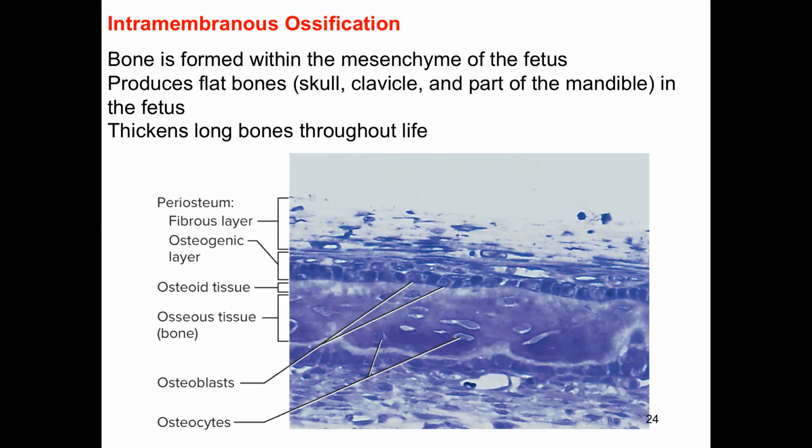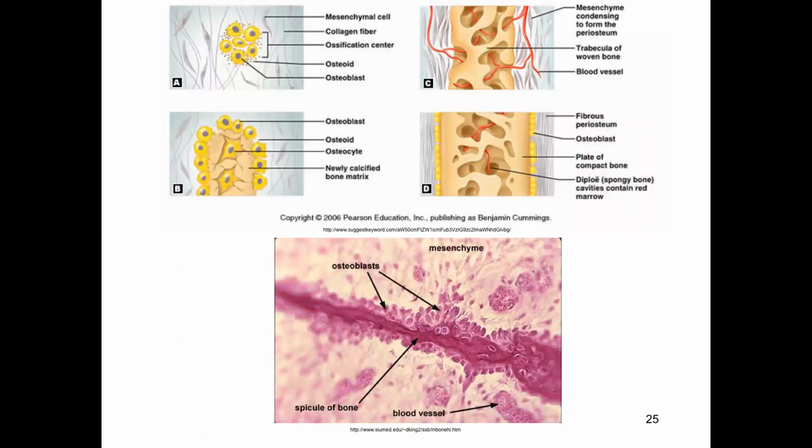The bones that are formed in that way in the fetus are the flat bones, so the skull, clavicle, and part of the mandible. That's where you're going to have that intramembranous ossification taking place. Here you can sort of see these steps. This mesenchymal cell is going to become an osteoblast, and it's going to start secreting the collagen fibers in the osteoid.